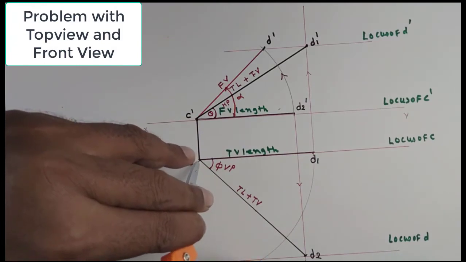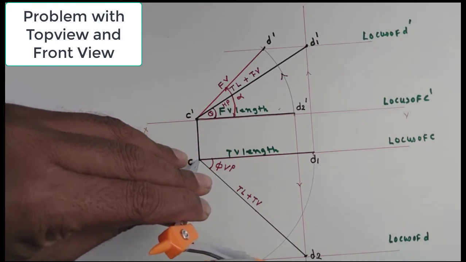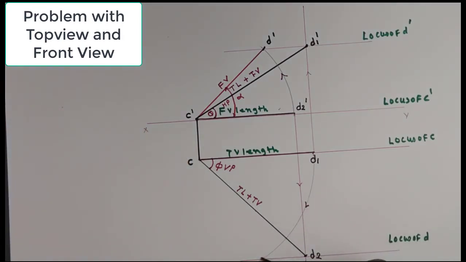You rotate toward the locus of D, and it intersects our locus.